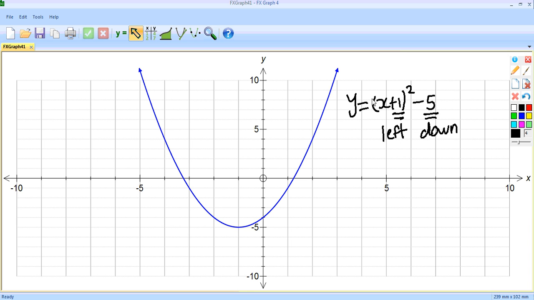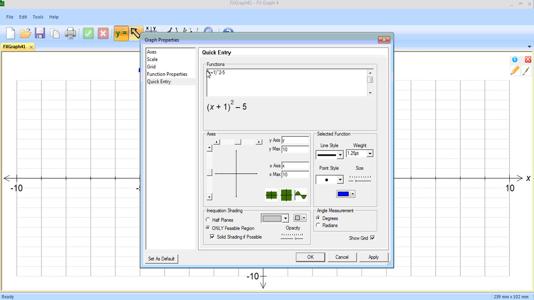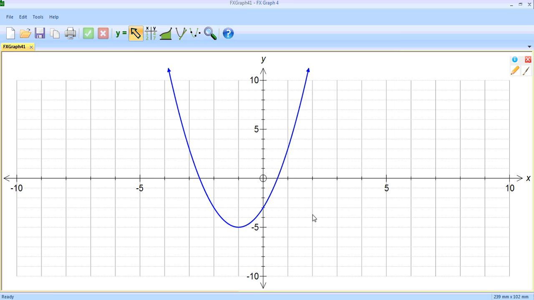Now, the next thing that we can do is put a number in the front here. So now we're going to have a look at what happens when we put a number in the front there, something like a 2. You can see it's become a lot more squished up.